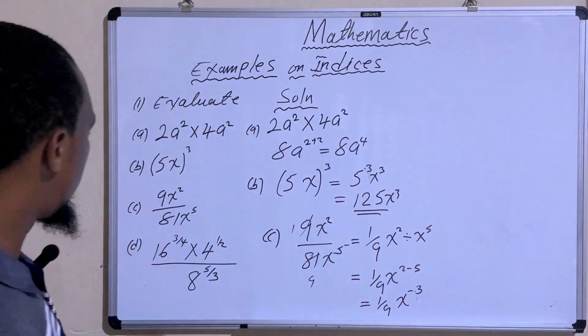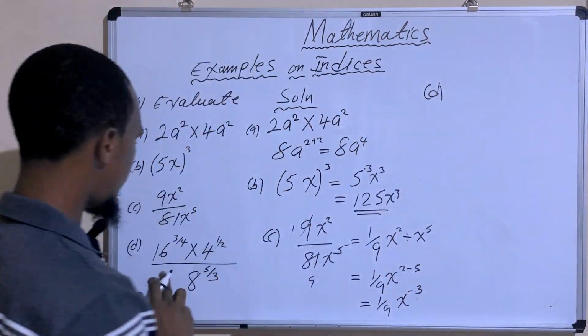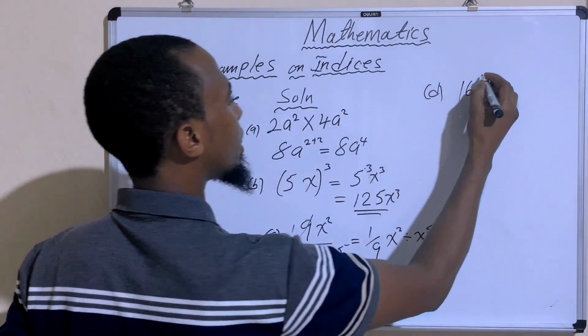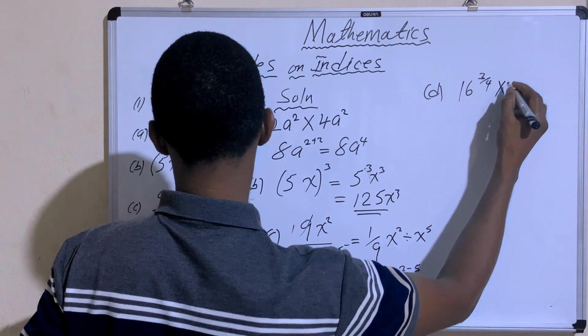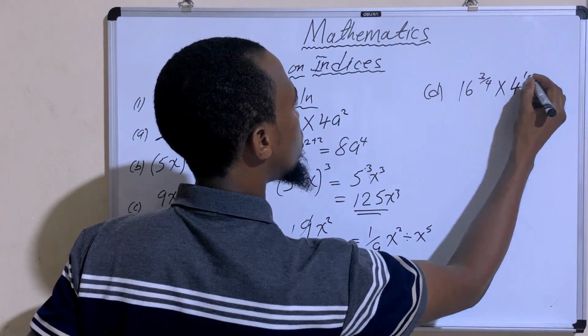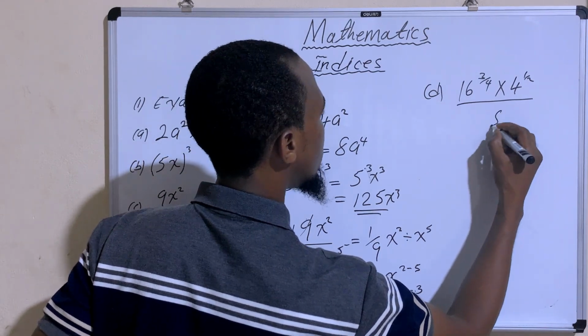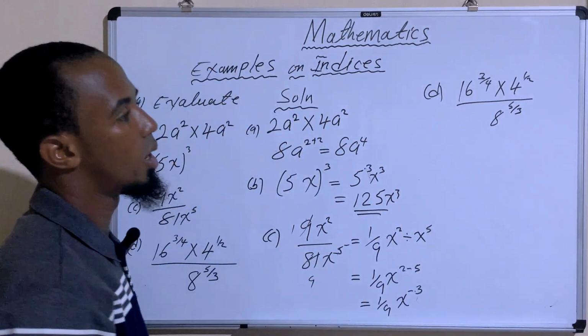Okay, now we look at the last one here, which is letter D. Letter D says 16 to the power 3 over 4 times 4 to the power 1 over 2 all over 8 to the power 5 over 3.